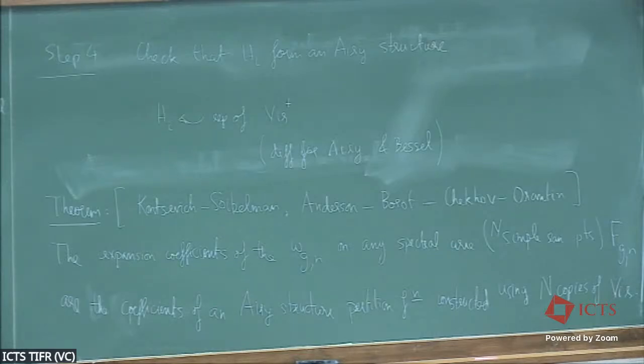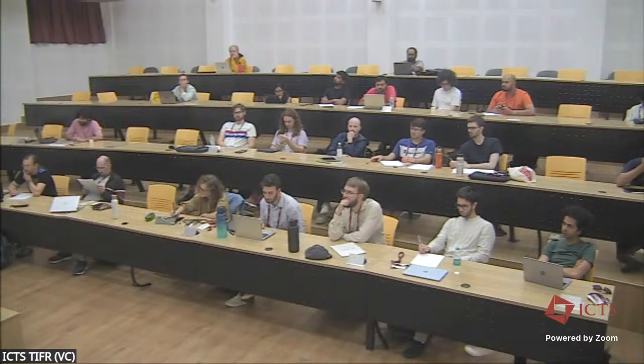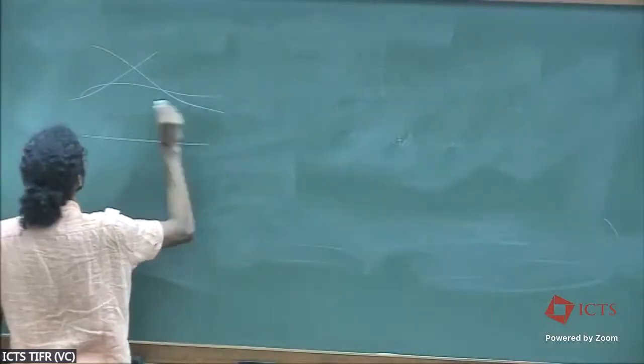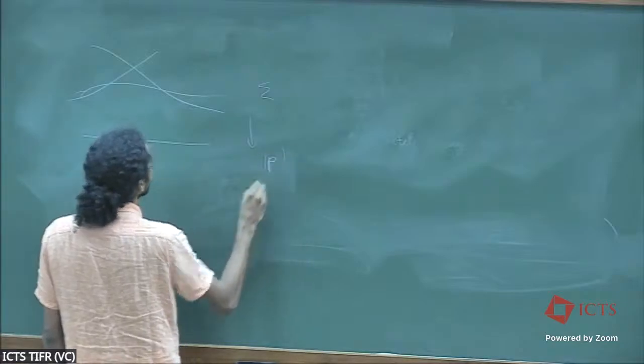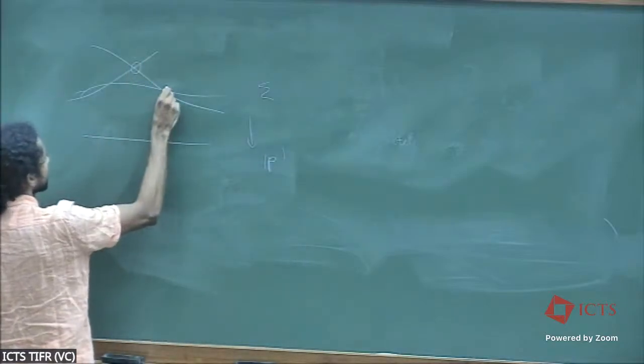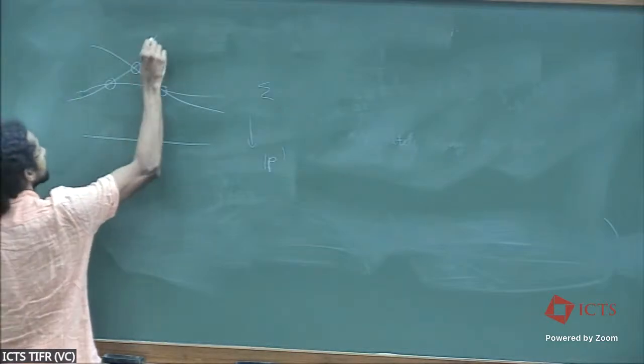Somehow all these copies are glued together in some way to give you the topological recursion formula. That's what topological recursion is, if you want. So, a schematic picture: this is my spectral curve Sigma mapping to P1. Around each of these simple ramification points, I have a copy of Virasoro.